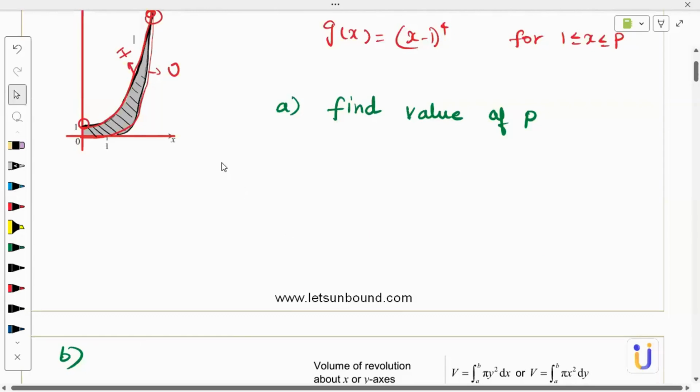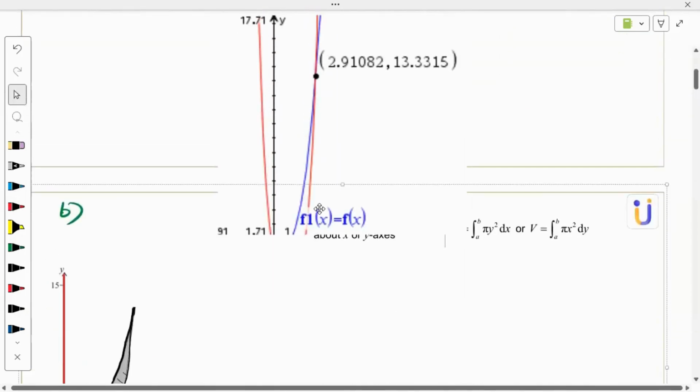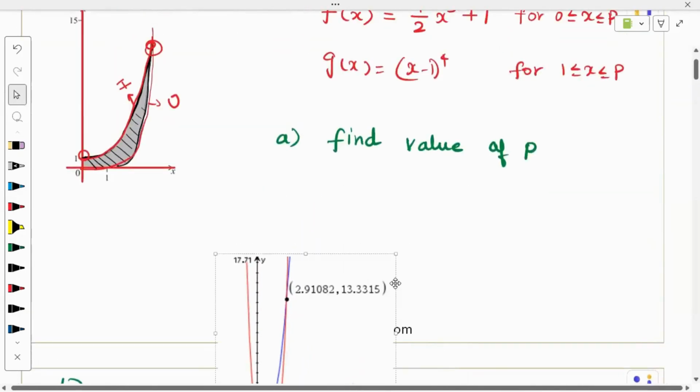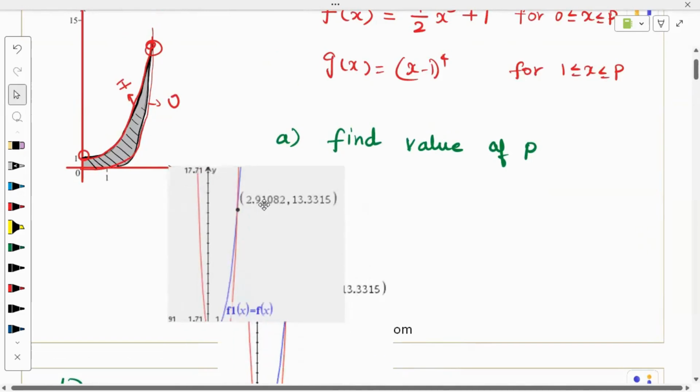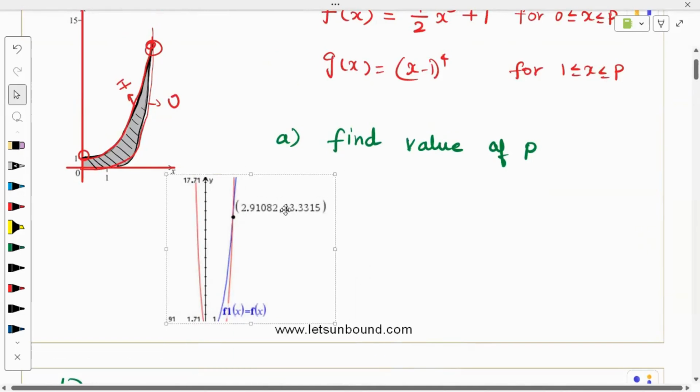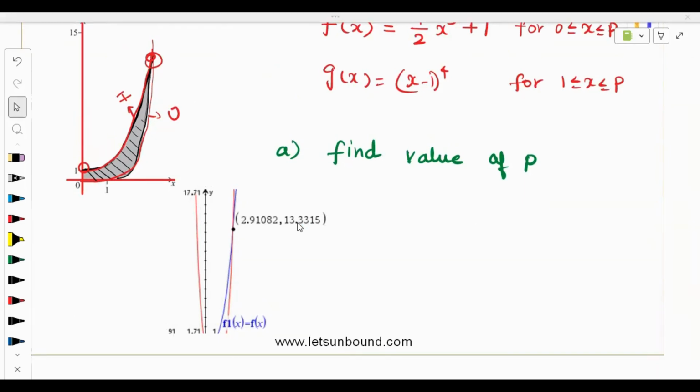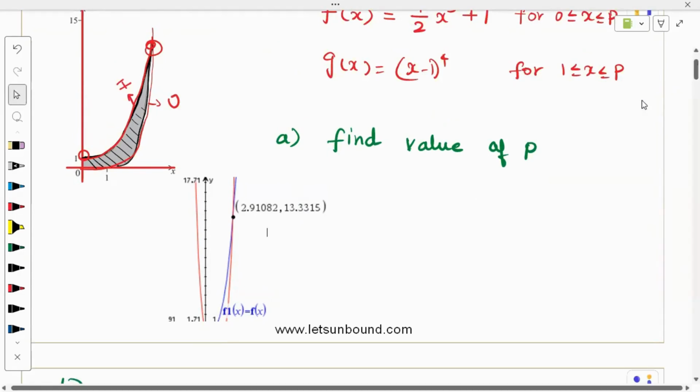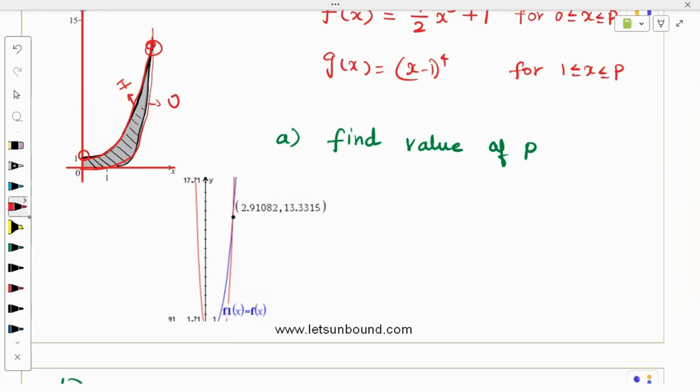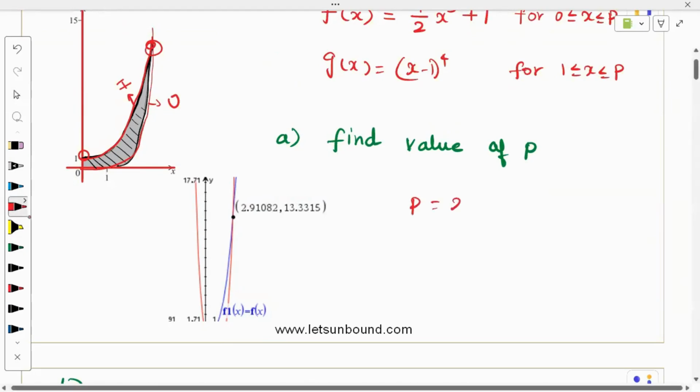And here in the solution page, the value of P is 2.91802, comma 13.33. So what should I go for? 2.91, the x value, right? So P is 2.91 to 3 significant figures.